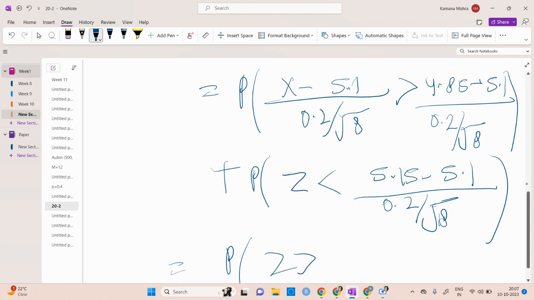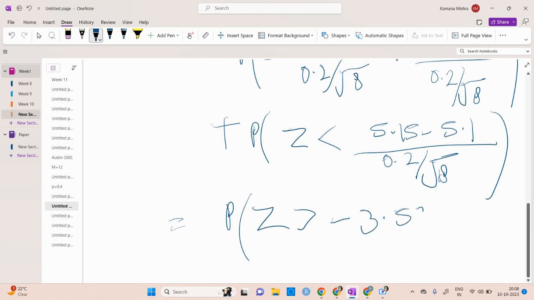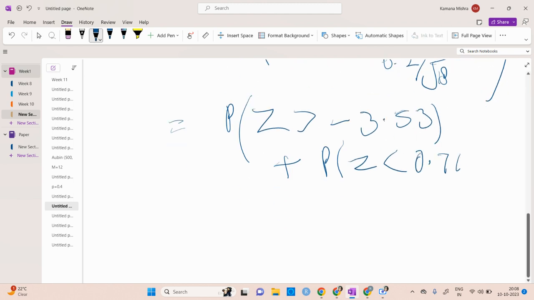So this will be z greater than 4.85 minus 5.1 divided by 0.2 and then further divided by root 8, which is minus 3.53, plus probability z less than 5.15 minus 5.1 over the same, which is 0.707.